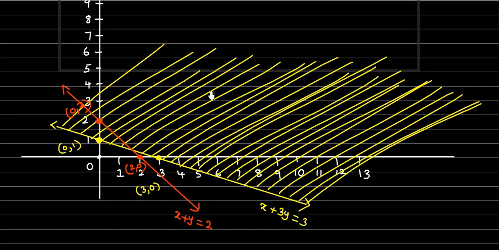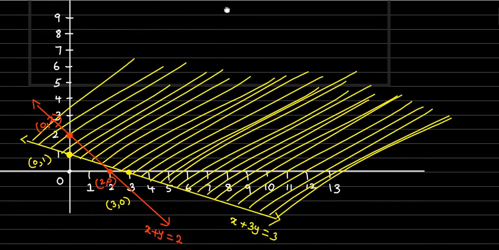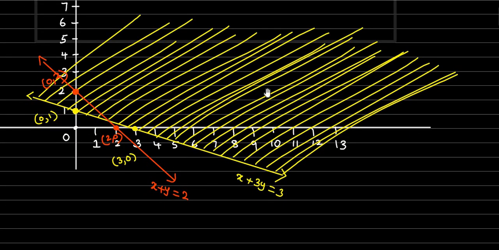So 2 comma 2, if we substitute x as 2, y as 2, the answer is 4. That means the condition is satisfying. Whatever result we got, it is greater than or equal to 2 only. So you take any point from that side, always the condition satisfies. That means whichever point lies this side is a solution for the second inequality.